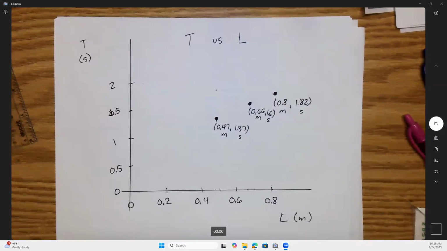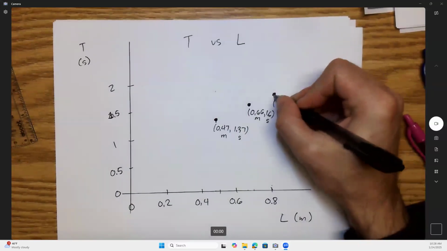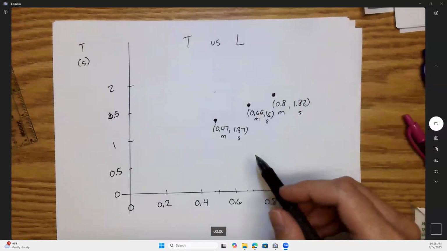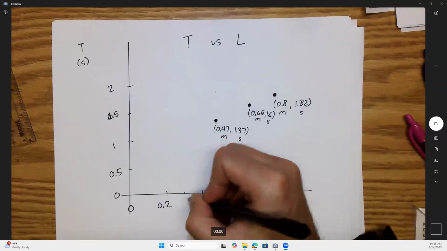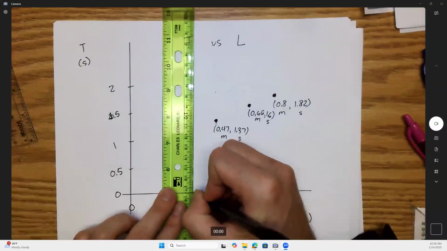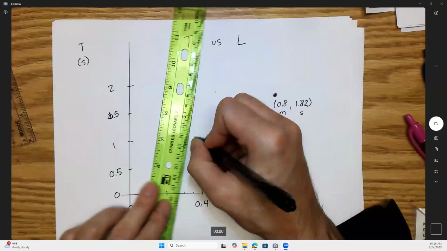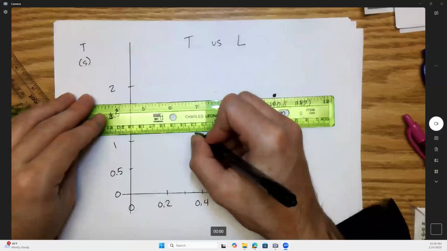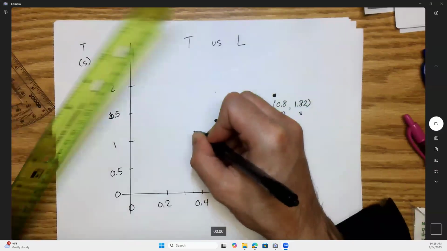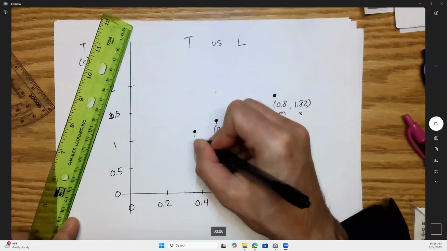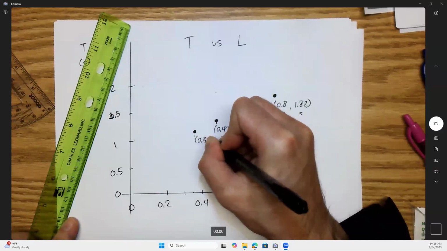Okay, next one is 0.35 for the length and 1.17 for the time. A lot of these are just squiggles. I can't read this. 0.35.